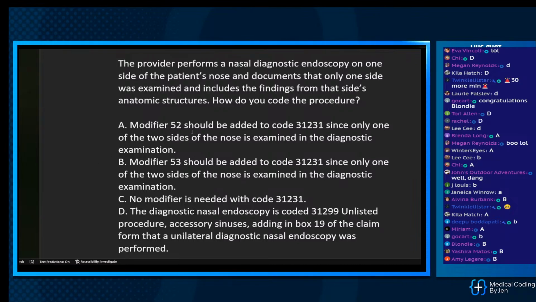Would we add a modifier 52 to this code since only one side was done? We better go run to that code, see what's included in our descriptors, what's not included, see your parentheticals, that kind of thing to see what's going on.